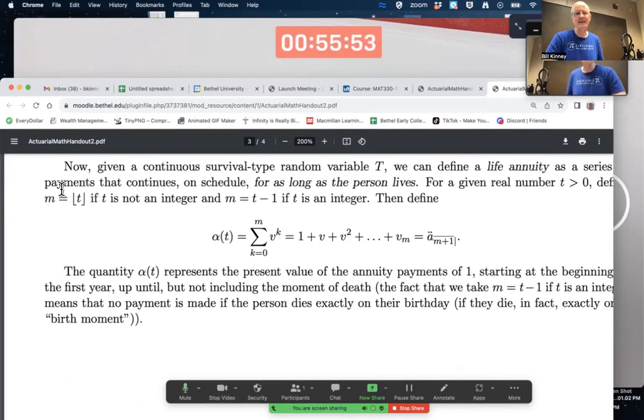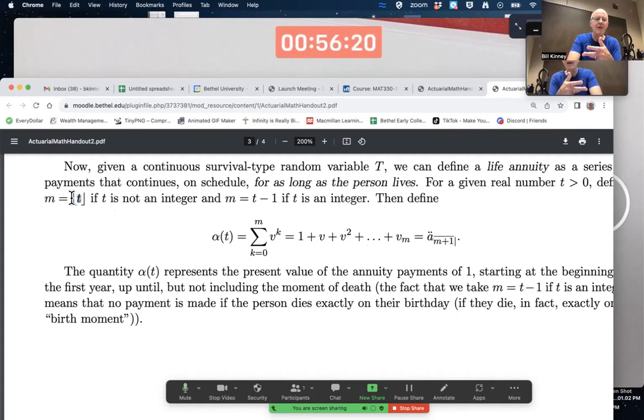I realize I did something that's not ideal here. If you read it, I define this quantity m to be the greatest integer in t if t is not an integer, and t minus 1 if t is an integer. Effectively, what this summation represents is the present value of an annuity based on dying at time t, premiums you're paying to your insurance company.